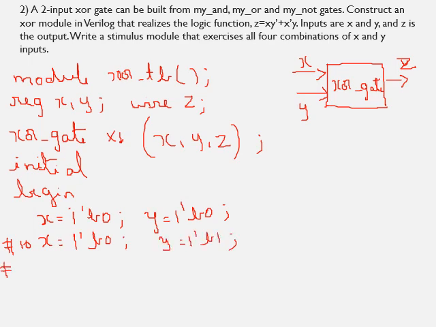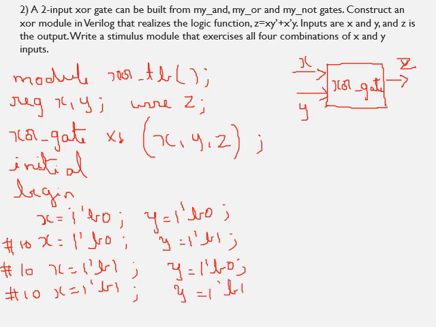Next combination is 1 0, X equal to 1'b1 and Y equal to 1'b0. Last combination is 1 1, X is 1 and Y is also 1. Okay. This ends the initial block, finally end module.